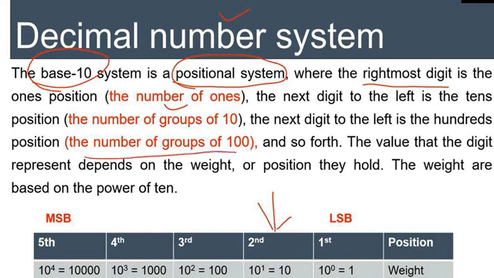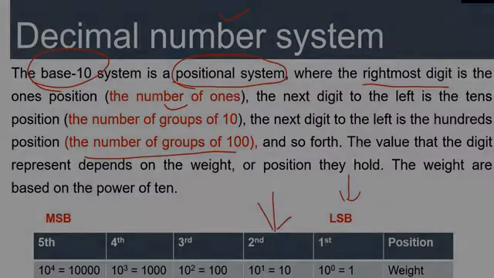The value that a digit represents depends on the weight or position it holds. The weights are based on the power of 10. See, this is the position and weight diagram. This is the LSB. It shows the first position at the right side.